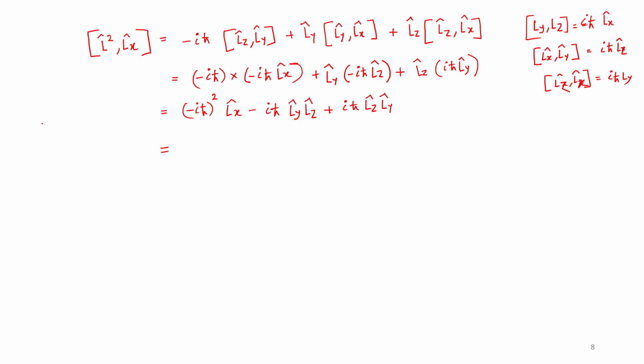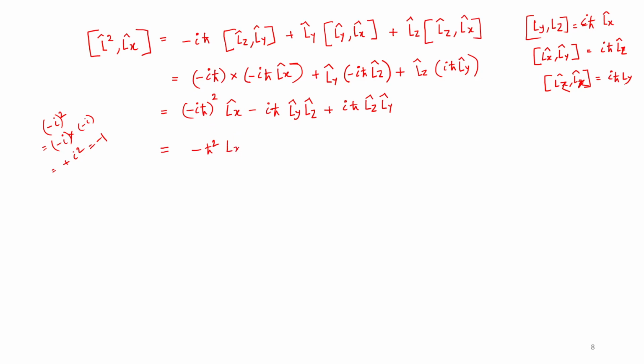So minus i square. Okay, this is minus i into minus i, which is plus i square, that is minus 1. So minus ħ square Lx. I don't know why I have taken this much time to do this.